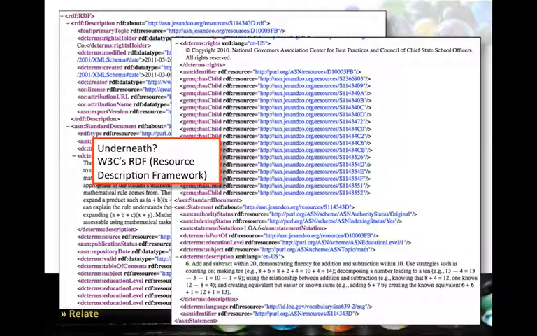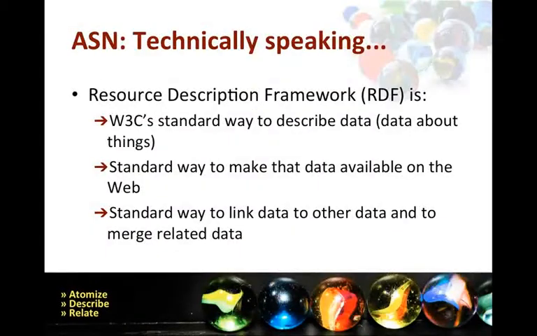Underneath that human readable display, the data in the ASN is in what is called RDF, Resource Description Framework, which is W3C's language for data on the web, for describing and linking data.